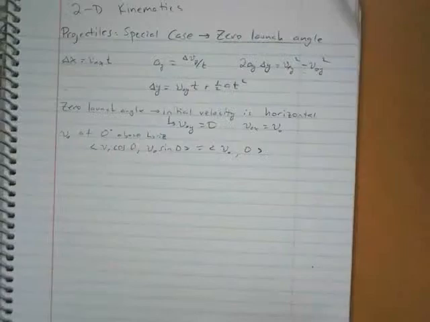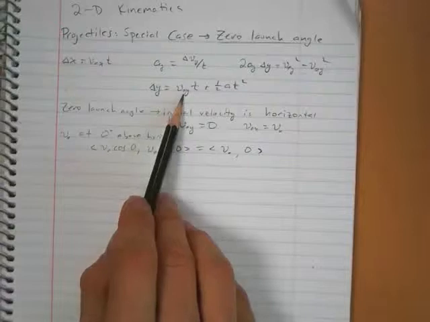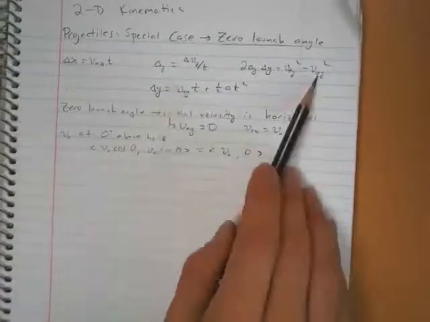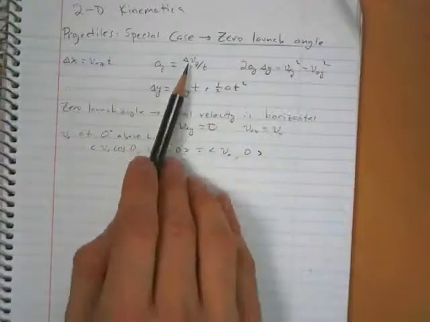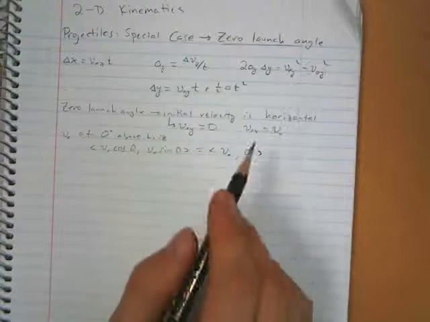Now this makes a lot of our math much easier, because we have a v naught y here that becomes 0. We have a v naught y here that becomes 0. We have a v naught y hidden in this delta v that is also 0.